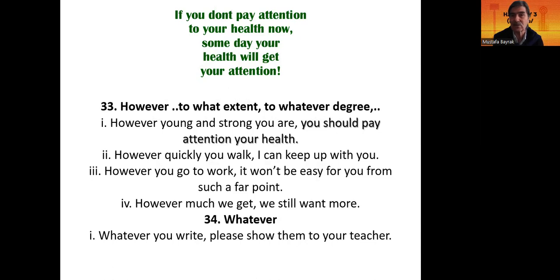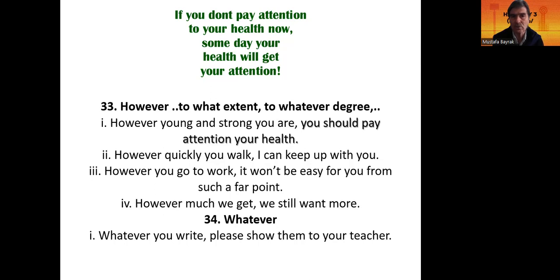However, to what extent, to whatever degree. However young, yes, no matter how young and strong you are, you should pay attention to your health. However quickly you walk, I can keep up with. Yes, we did it while we were studying, no matter how. Okay, anyway, because of their importance, let me finish it again.